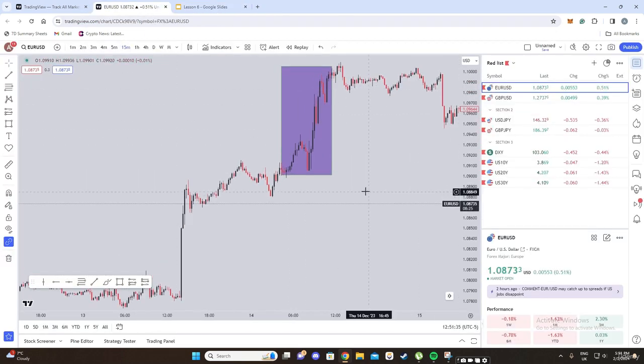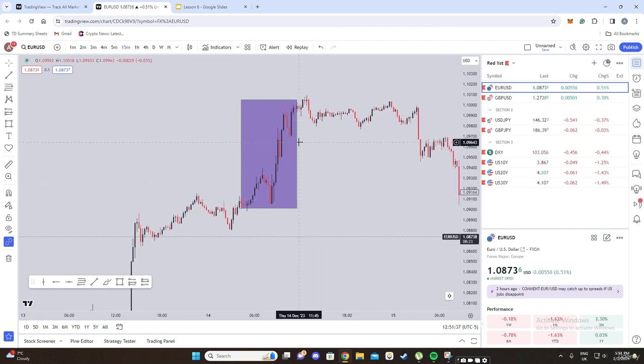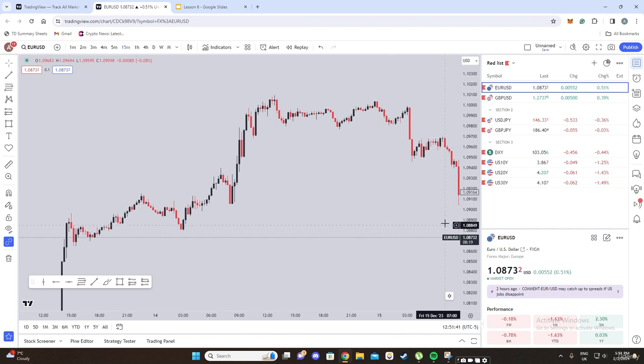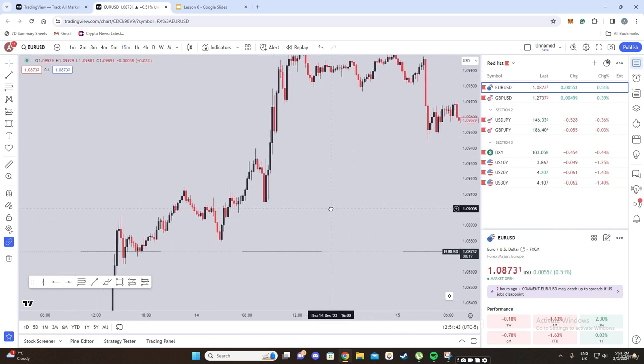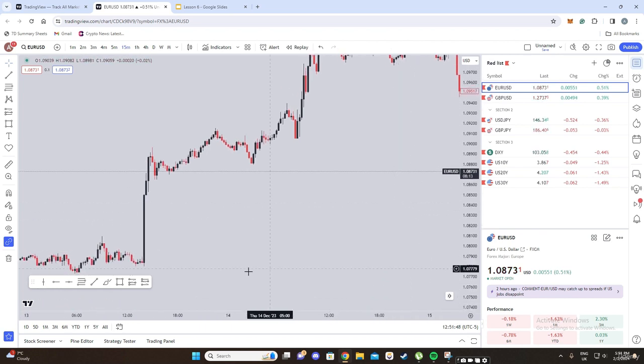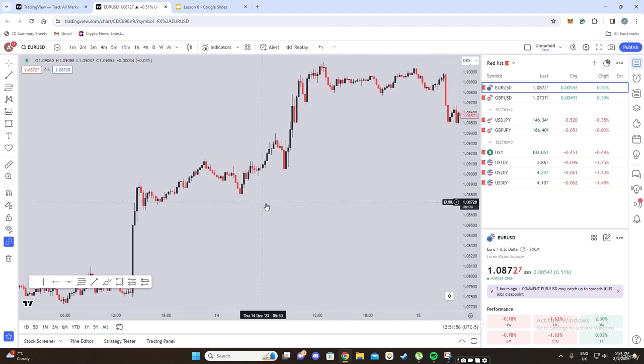So as we see here, we have EUR/USD and this move over here. First thing you do is a top-down approach, right? Well, we already know that our bias is bullish because of this strong displacement here, and price willingly wants to trade higher.